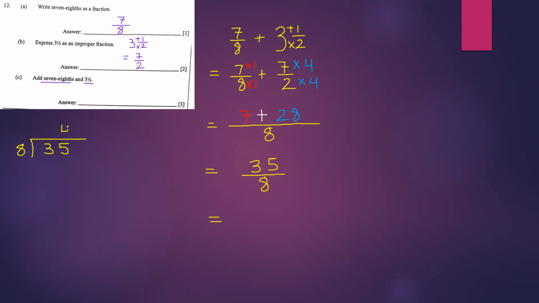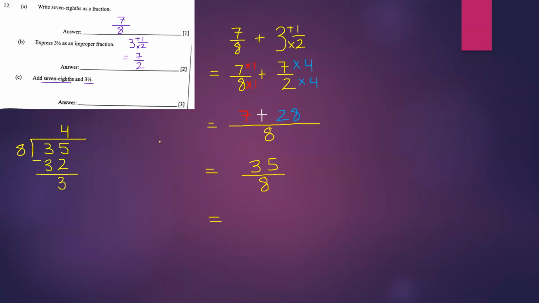4. 8 times 4 is 32. 35 minus 32 is going to be 3.